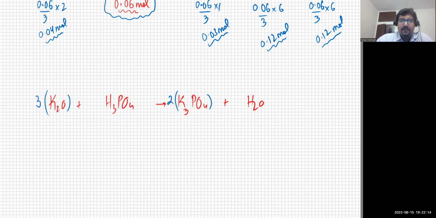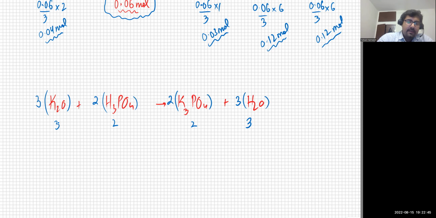That balances out potassium. You've got 2 PO4, so this thing gets multiplied by 2, and there's going to be 3 water molecules. Anyways, this equation is already balanced. So the ratio is 3, ratio 2, ratio 2, ratio 3.